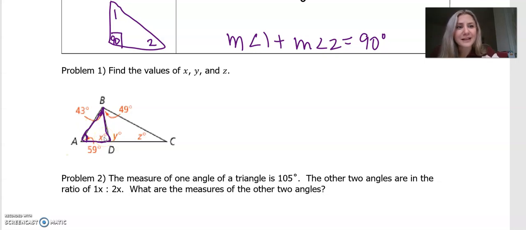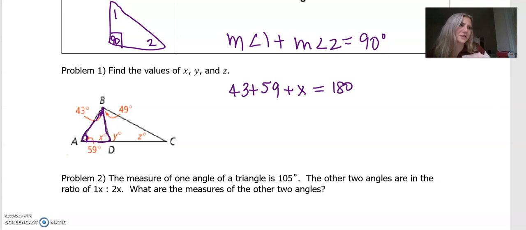So I know x because if I add up all three of these angles, 43 plus 59 plus x, because I don't know what it is, they have to always add up to 180. So we're just going to solve that little equation, and I'll combine my terms and then subtract it over, and we should get x equals 78. Okay, so there's that first variable.